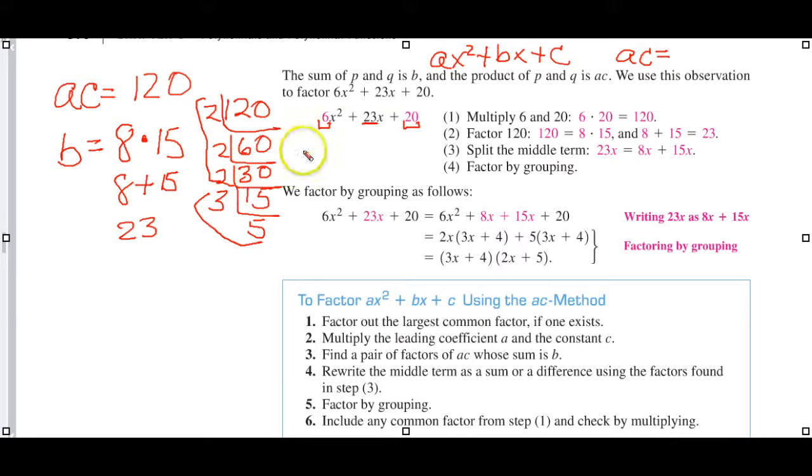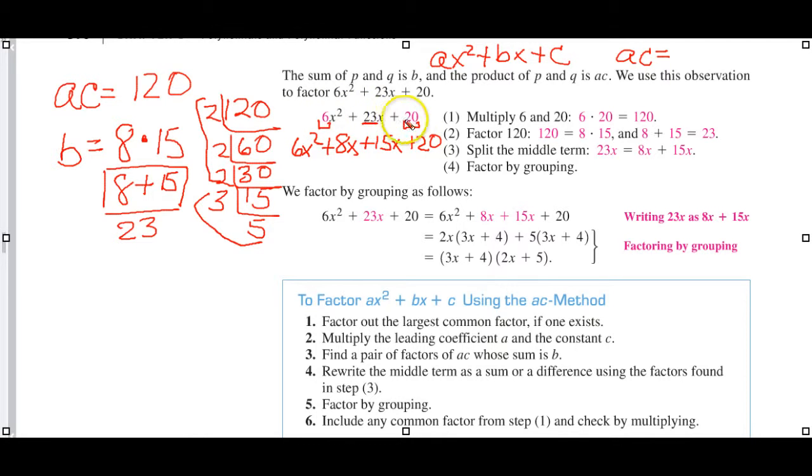So now I'm going to rewrite this equation such that I put these as factors for 23. I don't have a lot of room, so I'll write it right here: 6x squared plus 8x plus 15x, and then plus my 20.